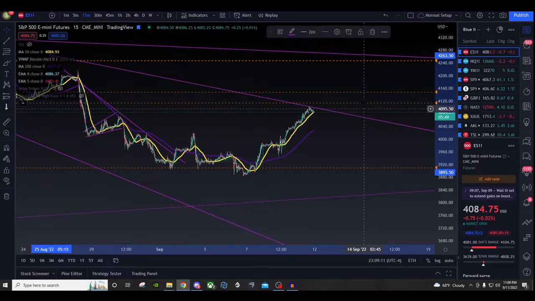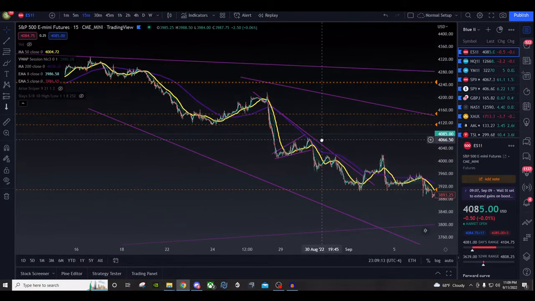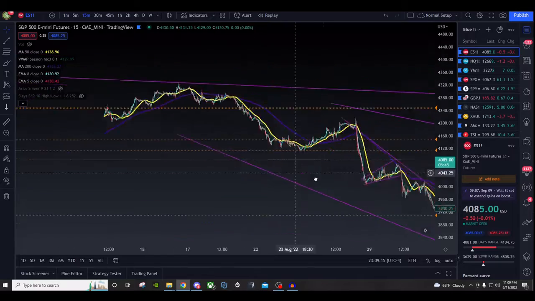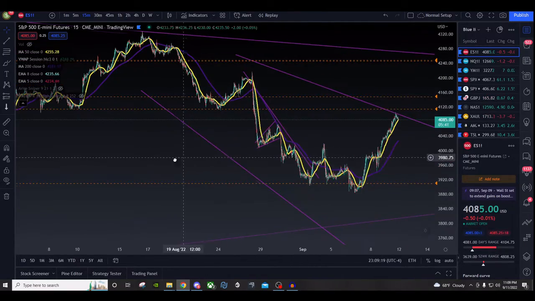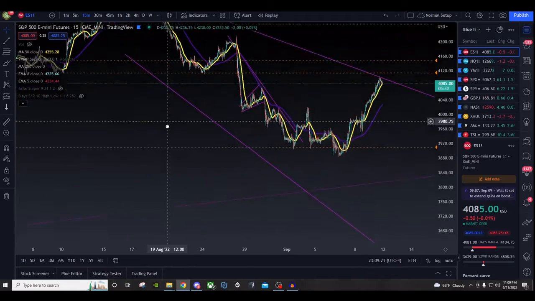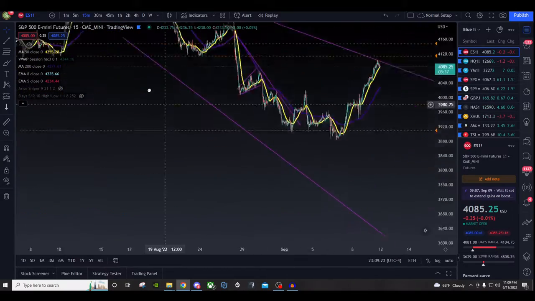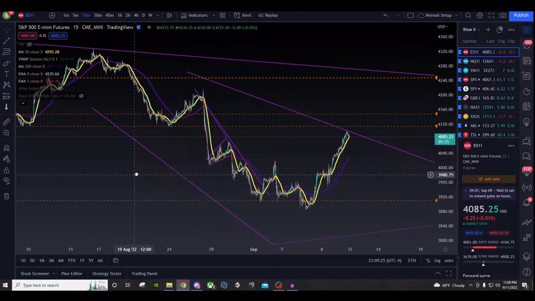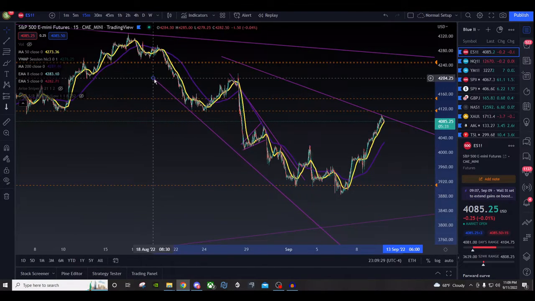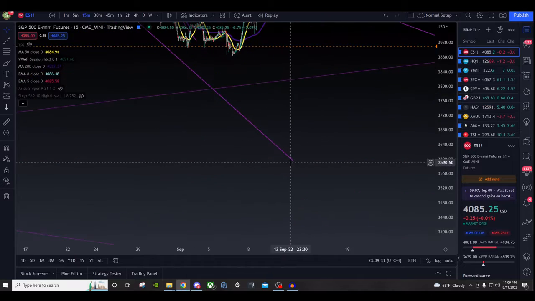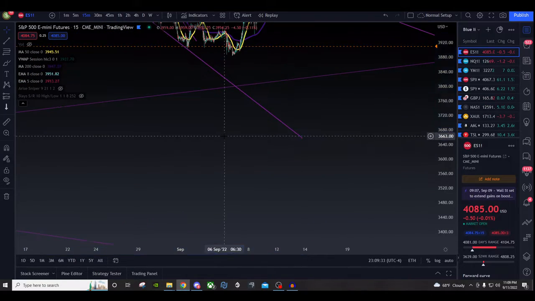I think I was on a 15-minute chart when I charted it up. I have no idea why this is way off.